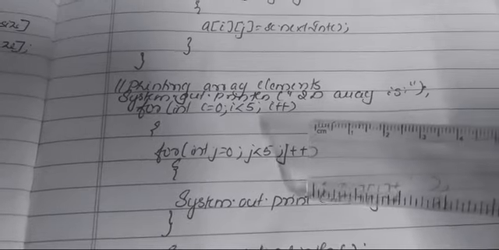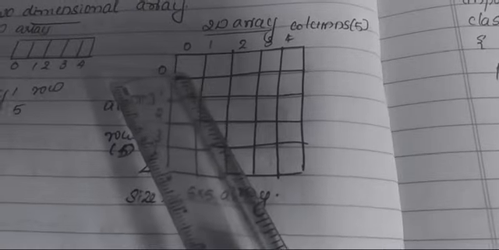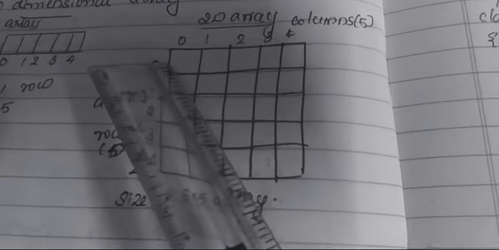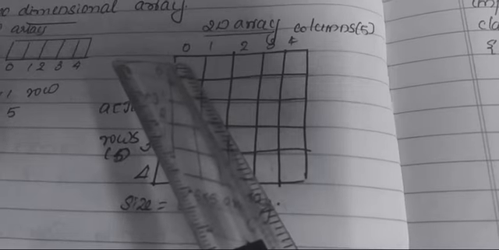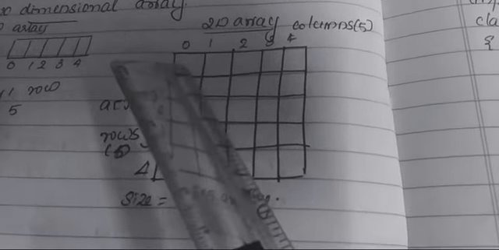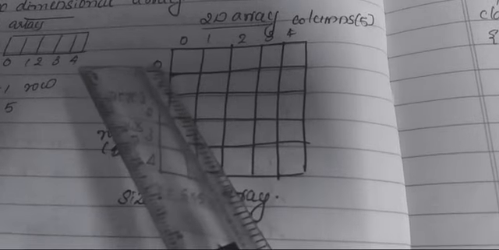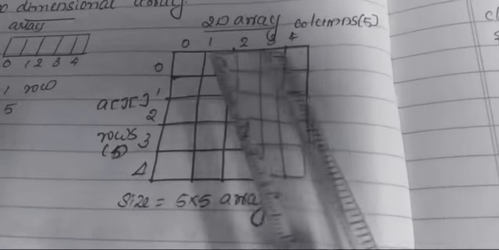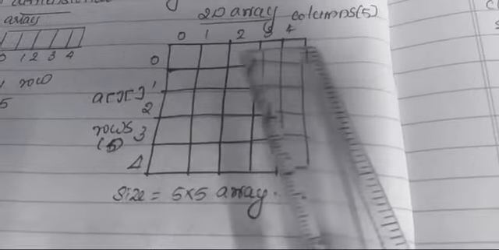System.out.print. In a 2D array, we fill the array elements like this: first we fill the entire row, that is the 0th row, and the column value varies, so the elements will be on the same line.